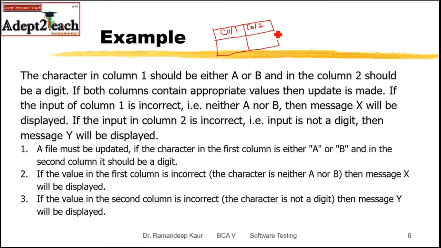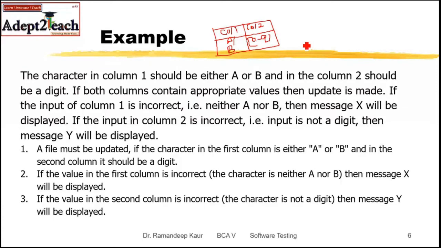The condition says either this should have A or it should have B. Either A should be there in column 1 or B should be there in column 1. And in the next column, there should be a digit. Digit means from 0 to 9, any combination. So this is the condition. If this condition is satisfied, then the file will be updated and a message will be displayed that the file has been updated. If any of the conditions is false, then it will not be done.